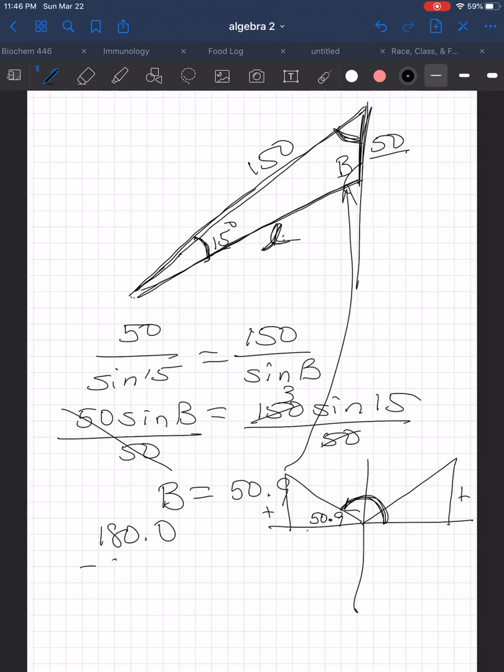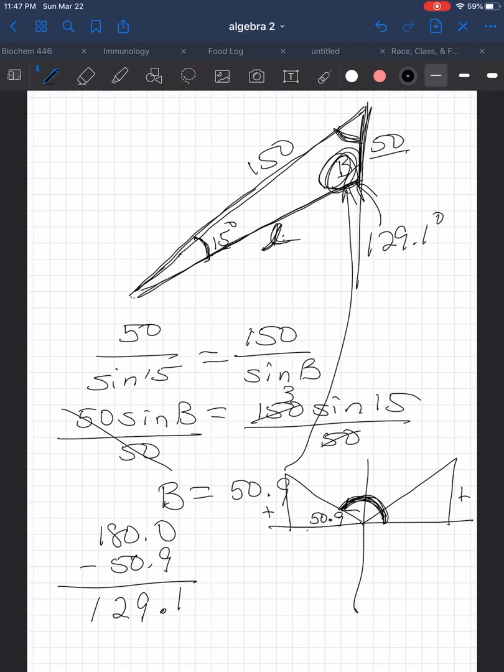So we have to take 180 and subtract 50.9 from it to get the obtuse angle, which this actually is. So it's 129.1. B is actually 129.1 degrees.